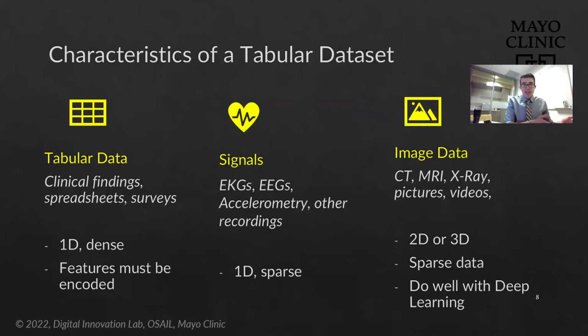Versus if you have a spreadsheet, if you change something like a patient's weight or their height, that could drastically impact what your interpretation is for that patient. And so that's what we mean by tabular data tends to be much more dense than image data or signals data. And the reason that's important is because it informs a lot of the algorithms that we use on tabular data versus these other types.